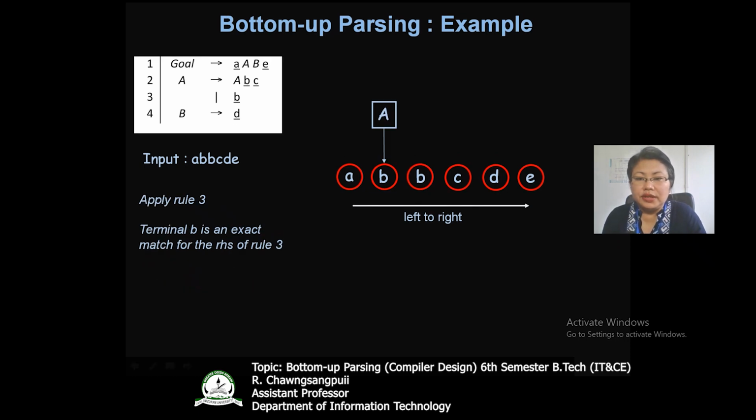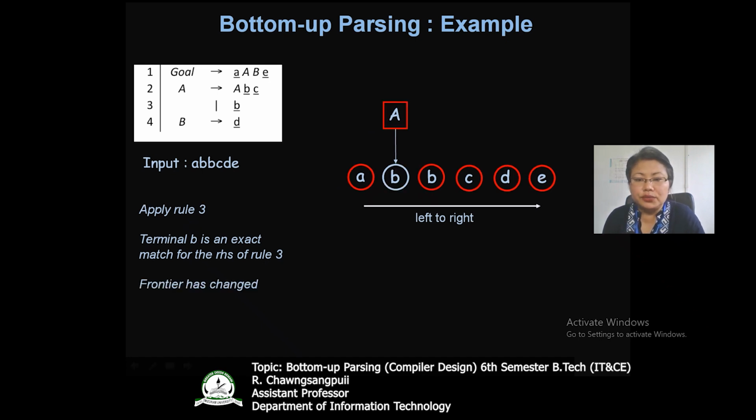Now if you see here, we apply rule number 3, which is A can have the form B. So the terminal B is an exact match for the right hand side of rule 3. So if you see the third production rule, A can have the form B, this matches exactly with the right hand side of the production.